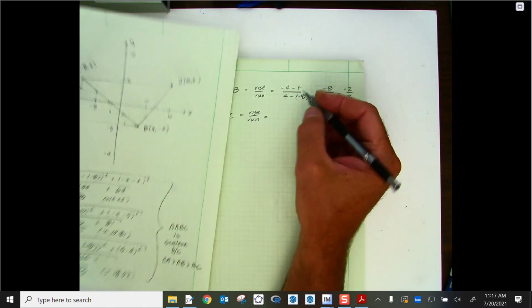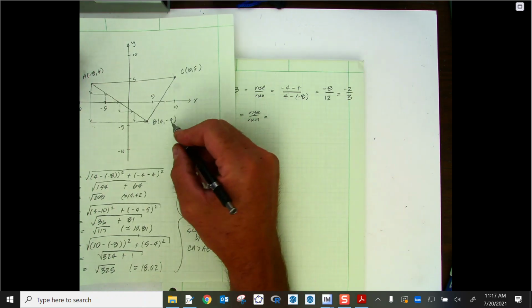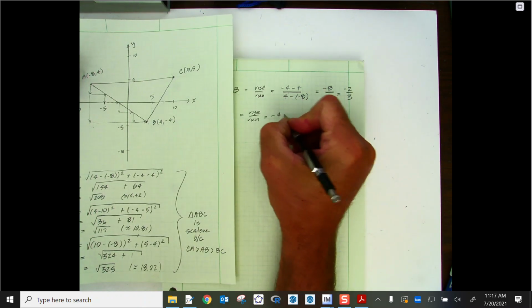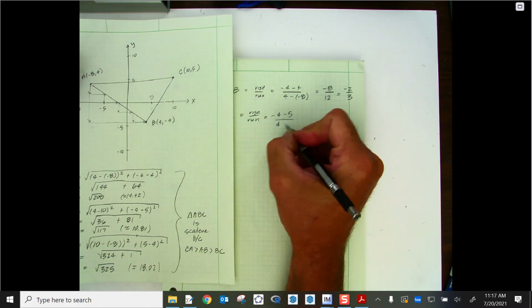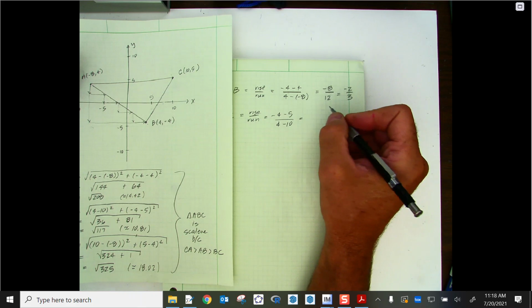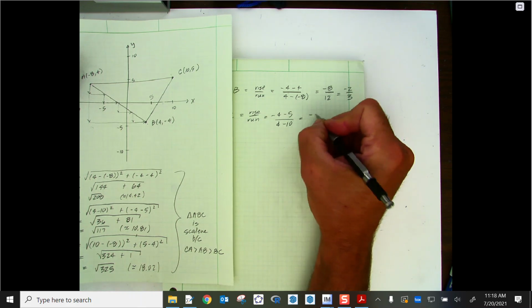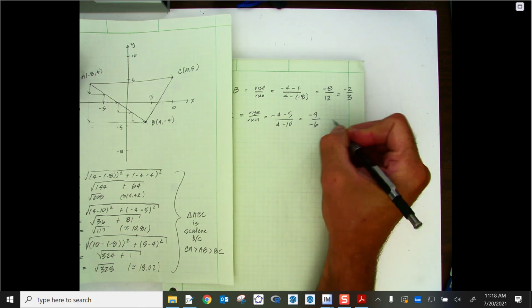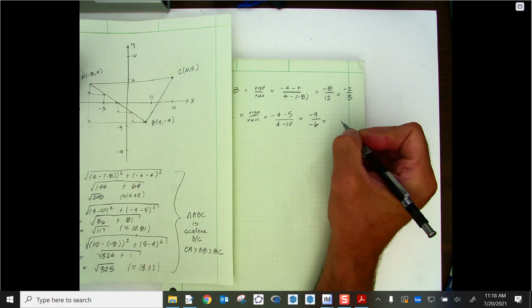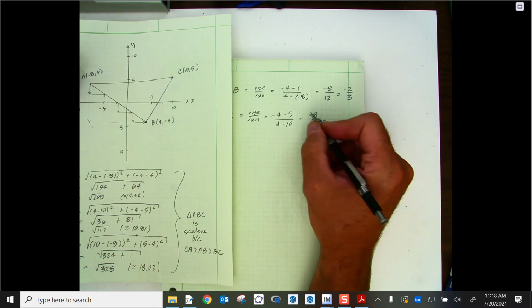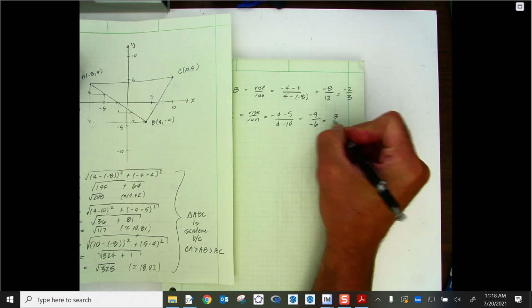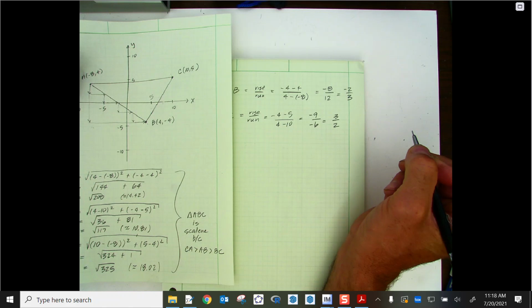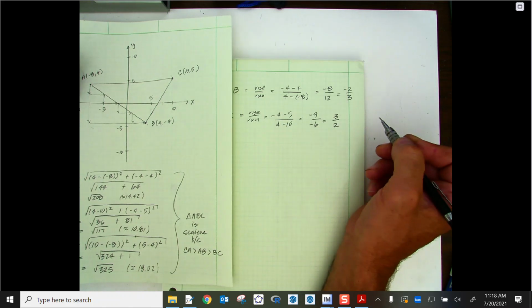So y2 minus y1 is negative 4 minus 5, and x2 minus x1 is 4 minus 10. We get negative 9 on top and negative 6 on the bottom, which simplifies to positive over positive, and there are 3 threes on top and 2 threes on the bottom. Indeed, we have negative reciprocals, indicating a right angle.